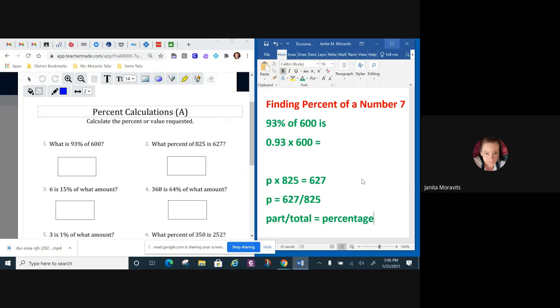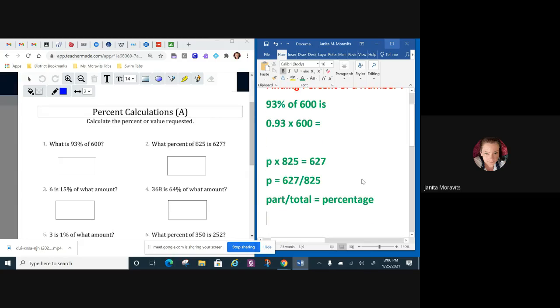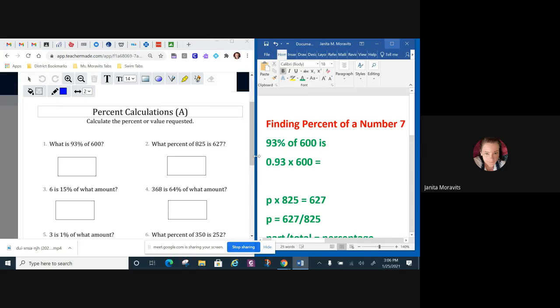Remember that you're going to get a decimal for that, and you change that decimal to a percent by moving your decimal point 2 places to the right. All right, so this is problem 2 right here.